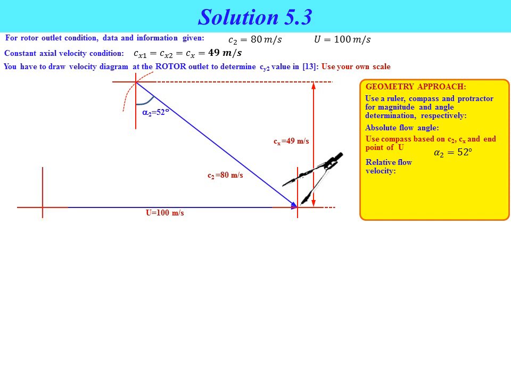Okay, in terms of relative flow velocity, we can simply draw the line for the W2 vector by connecting the initial point for C2 and the initial point for vector U. So we'll get the line for W2, which if you measure, we get W2 equal to 61.3 meters per second. And for the relative flow angle, just use the protractor to determine beta 3, which is equal to 37 degrees.